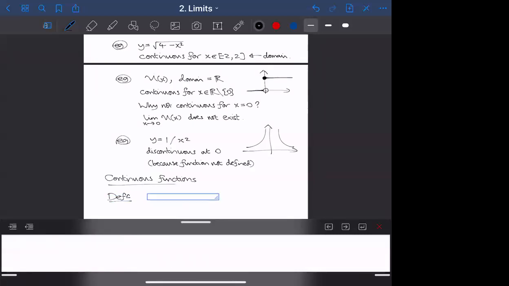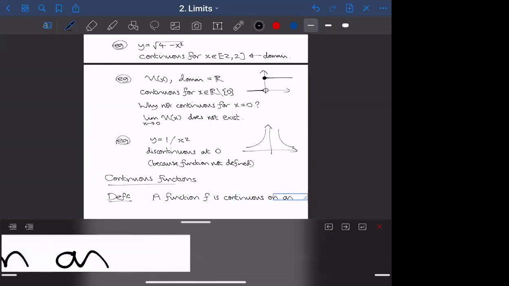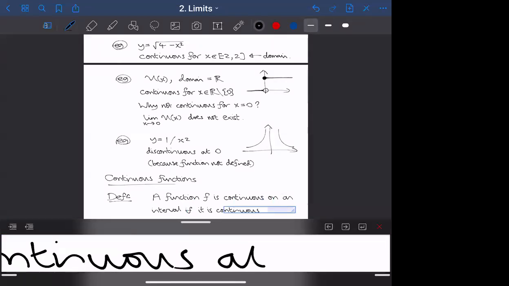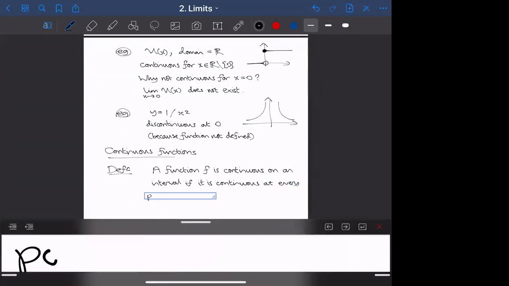So the definition: let's just say it in words, f is continuous on an interval if it is continuous at every point of that interval.